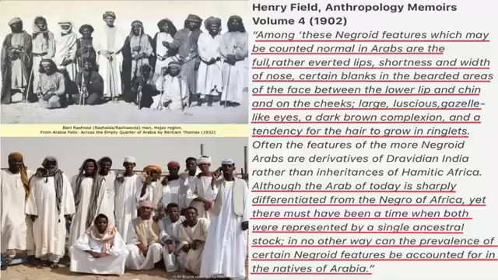In no other way can the prevalence of certain Negroid features be accounted for in the natives of Arabia. So basically he's saying there must have been a time when both the Negro and the Arabian descended from one type of ancestral population, but they split. And I think that's very interesting.